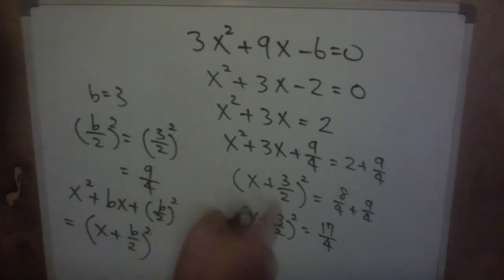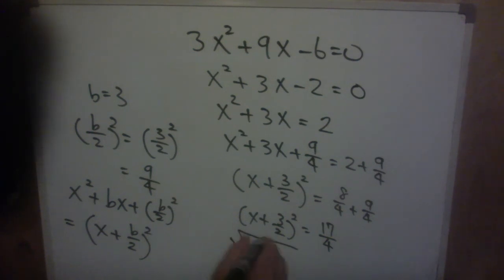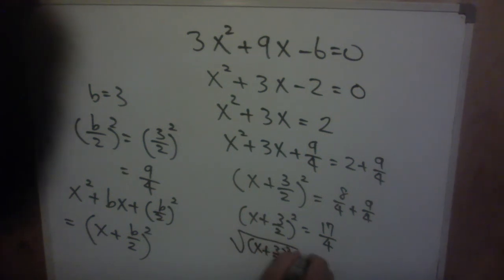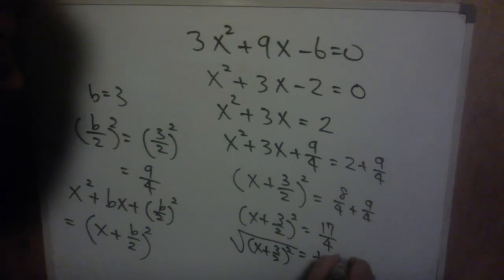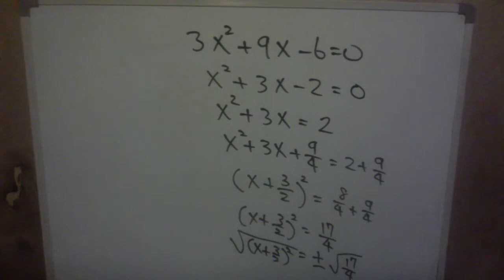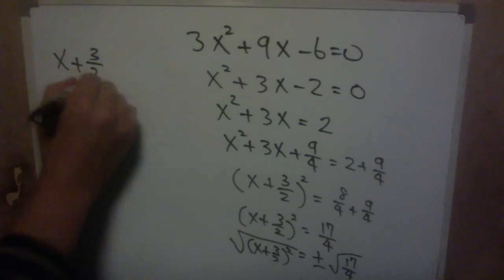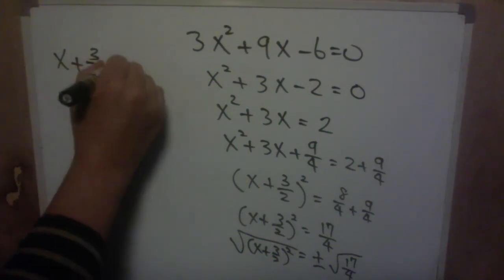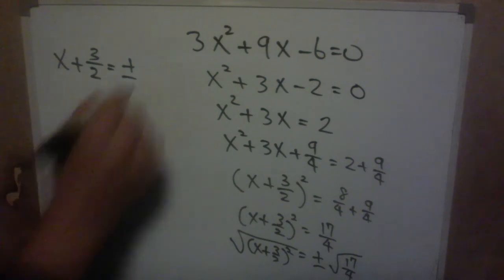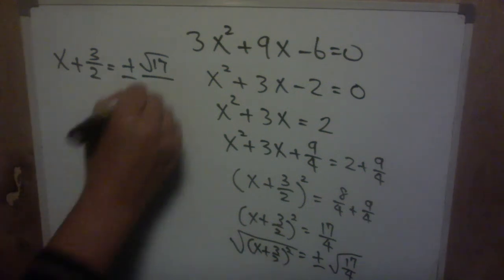So now let's take the square root of both sides. That's the square root of quantity x plus 3 halves squared is equal to positive and negative square root of 17 over 4. So we have x plus 3 halves equals positive and negative square root of 17, and in the denominator the square root of 4, which is just 2.